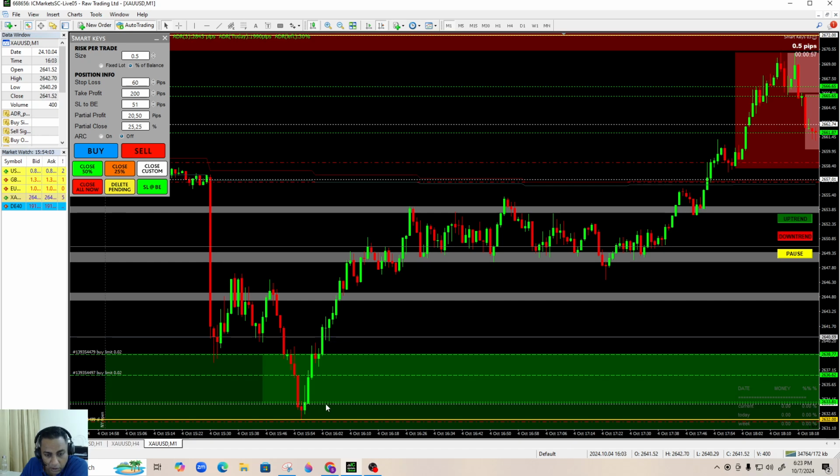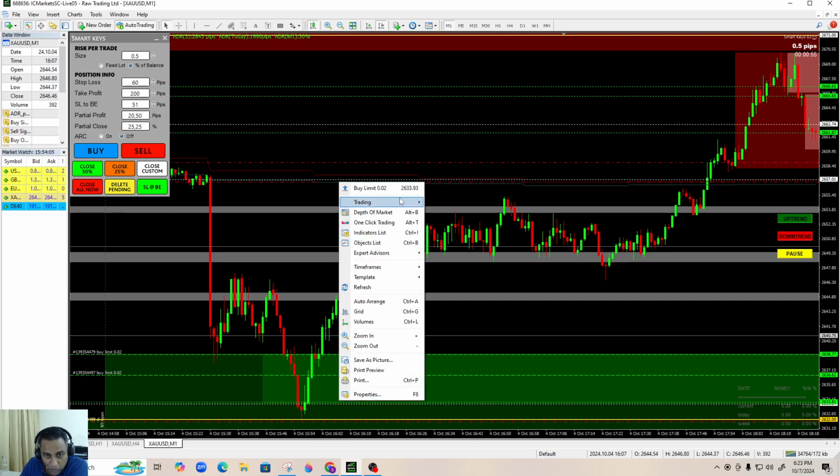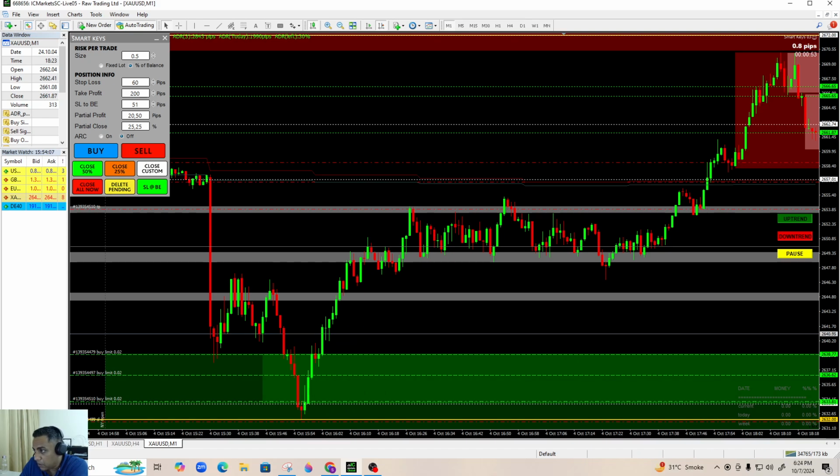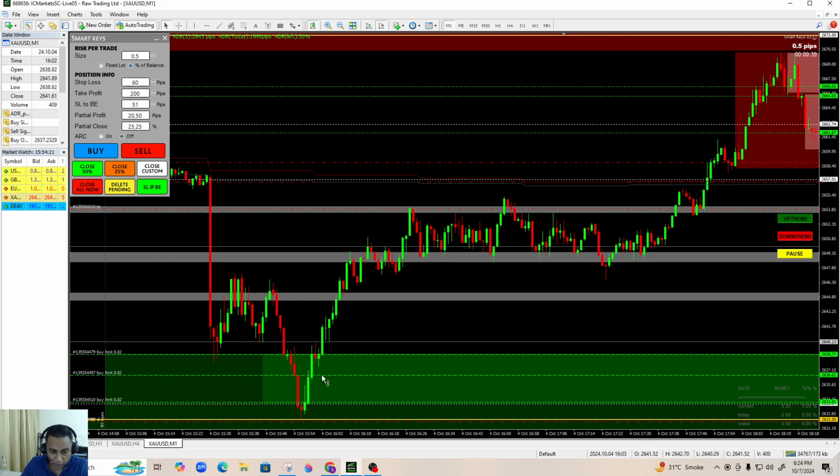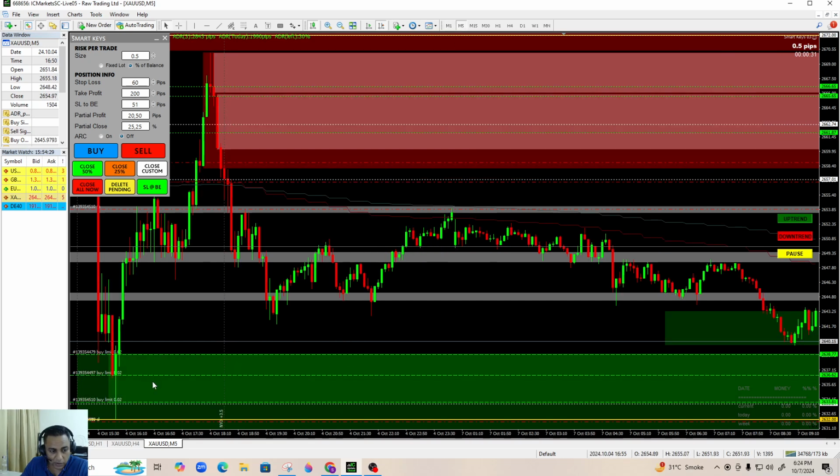Close 381. Okay, I've got three very small orders placed in that range, right? All have the same stop loss just below that M5 candle, that liquidity candle right there.